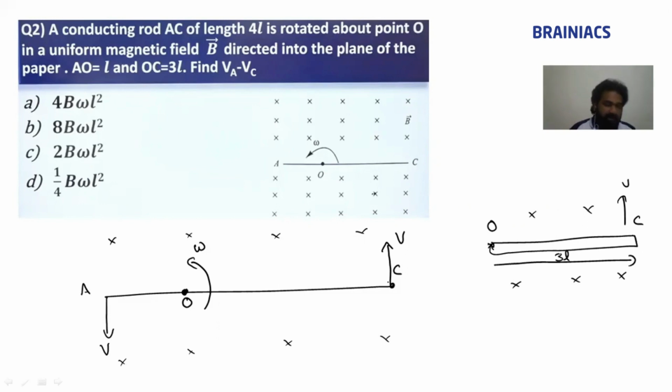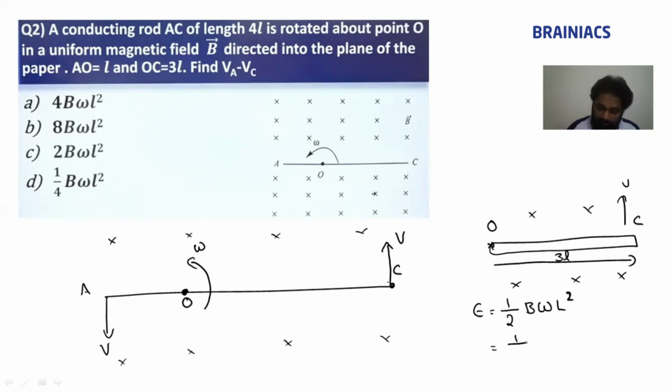To find the EMF for that segment, since the full rod is there from the hinge, I can directly substitute half B omega L square, with the length 3L.